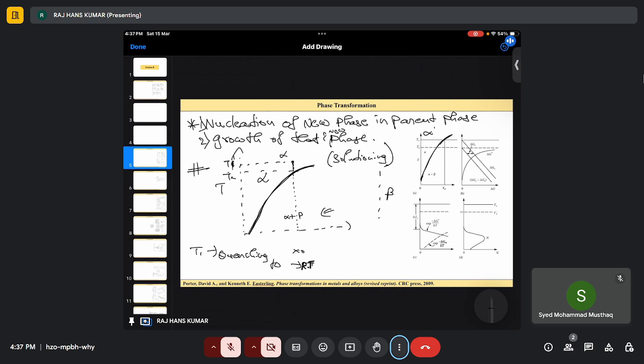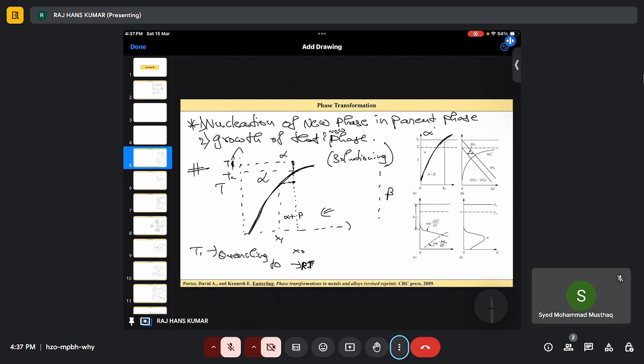So at T1, let's say, I have complete solubility. At TE, I again have complete solubility. When I move below TE, like when I'm cooling the sample slowly, then at T2 I have my solubility limit of X1.